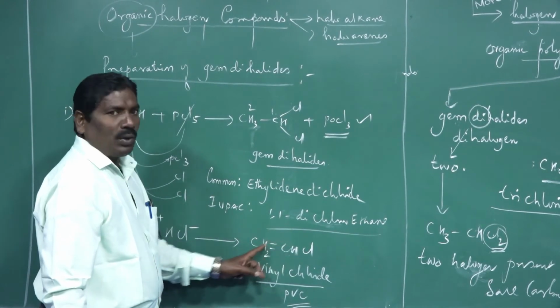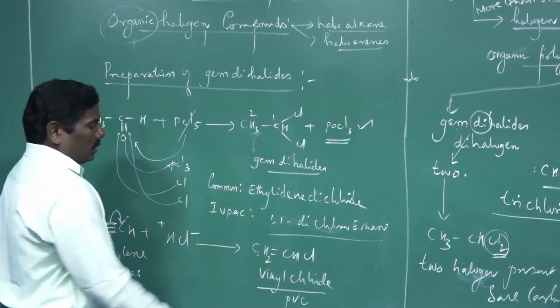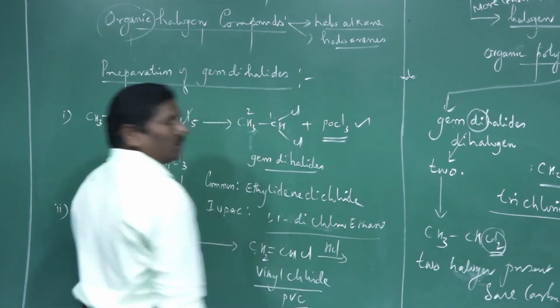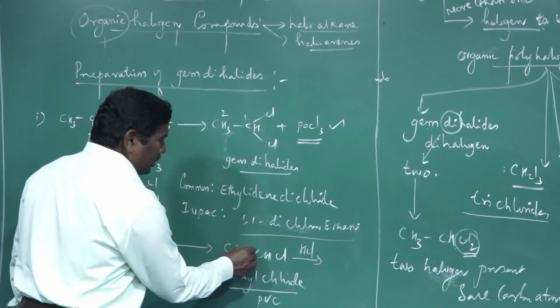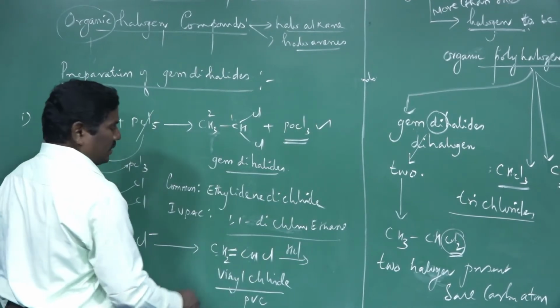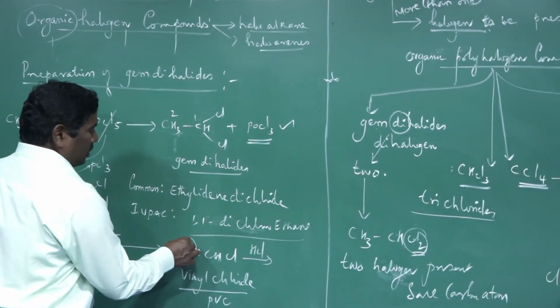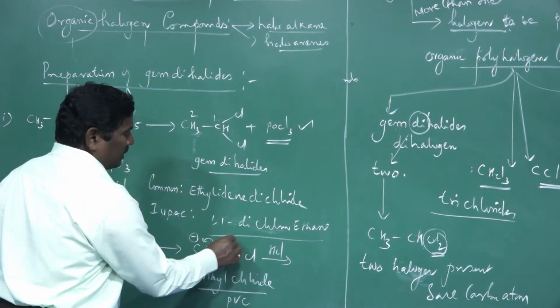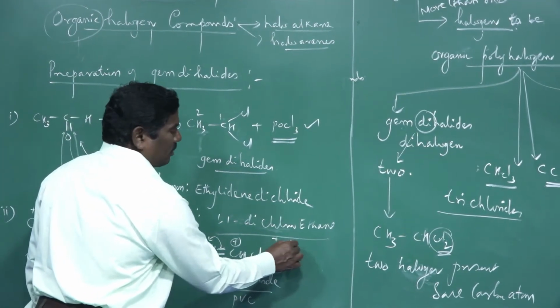This vinyl chloride is again treated with HCl. Here also the same shifting of electrons will take place, giving a plus and a minus.